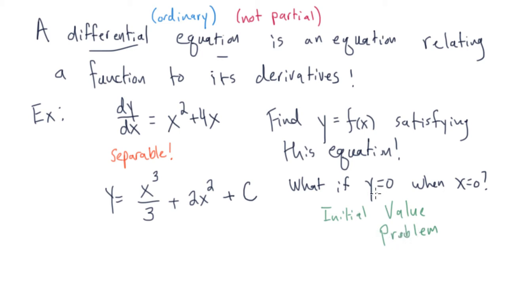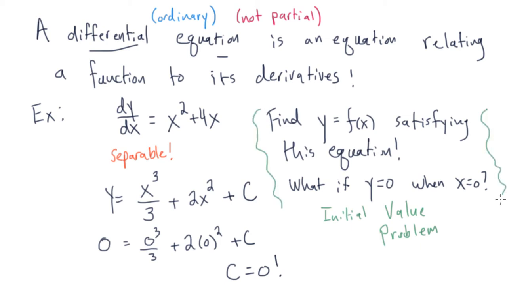So if I know that y is 0 when x equals 0, if I plug in 0 for y and 0 for x, this will be 0 cubed over 3 plus 2 times 0 squared plus c, and I see that c is equal to 0. So the solution to my initial value problem, which this whole thing is, is y equals x cubed over 3 plus 2x squared.